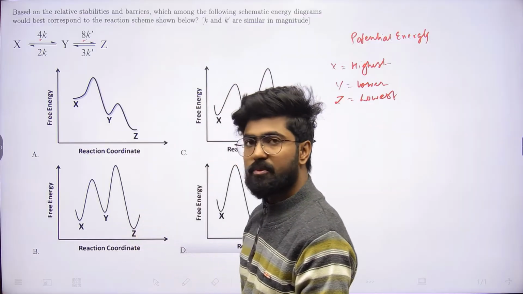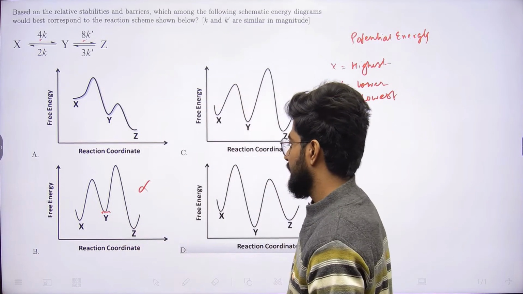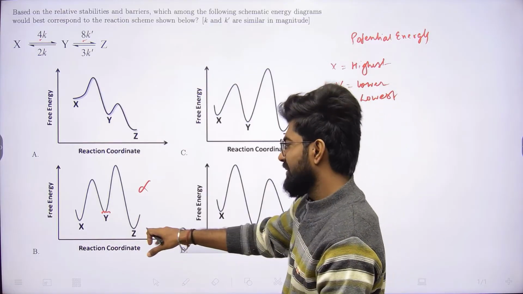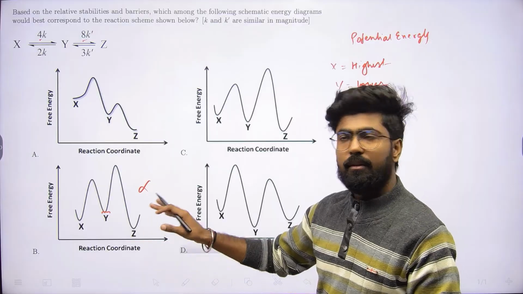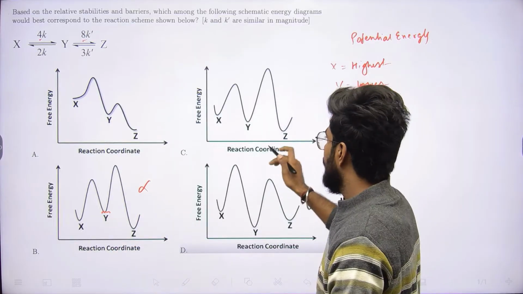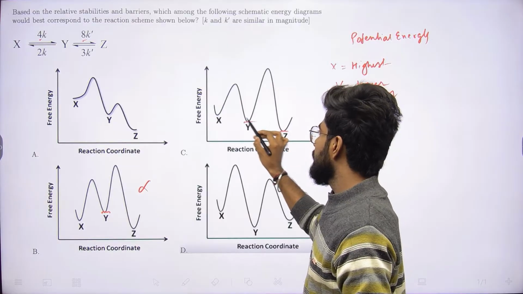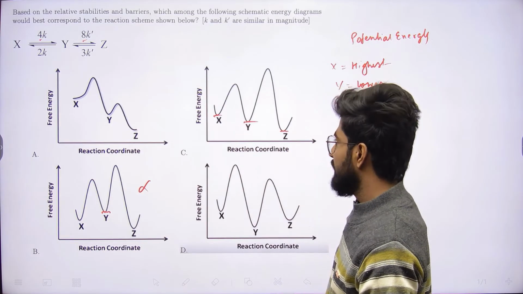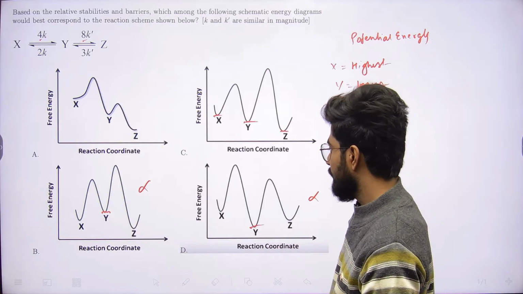Can this be the right option, the B one? No, because Y's energy is more than X and Z, right? Z is fine, but Y being more than X is what is incorrect. Now C could be a good option because the gradual decrease in the free energy is visible. But D is again the wrong option due to this Y, right?